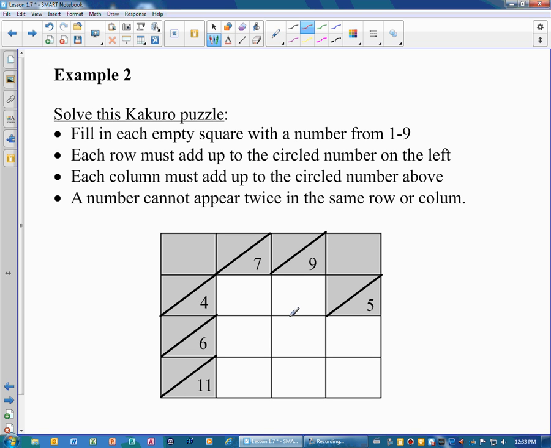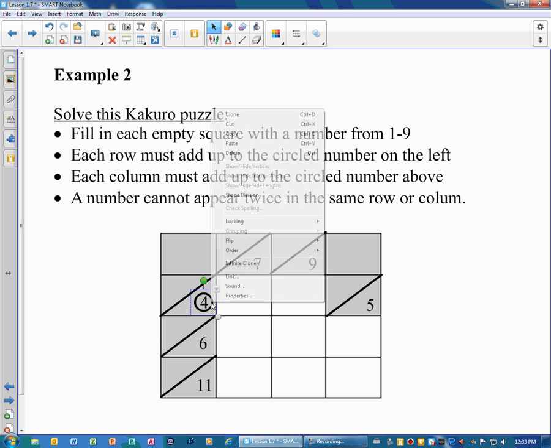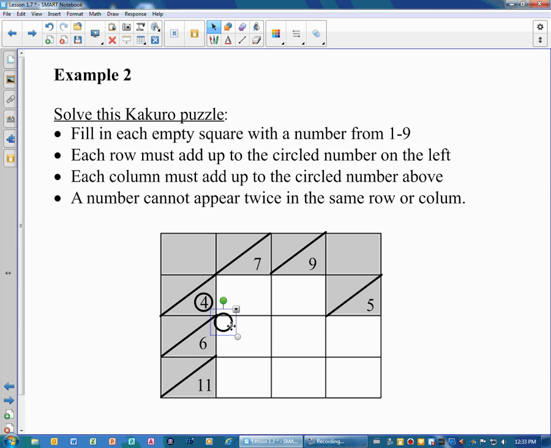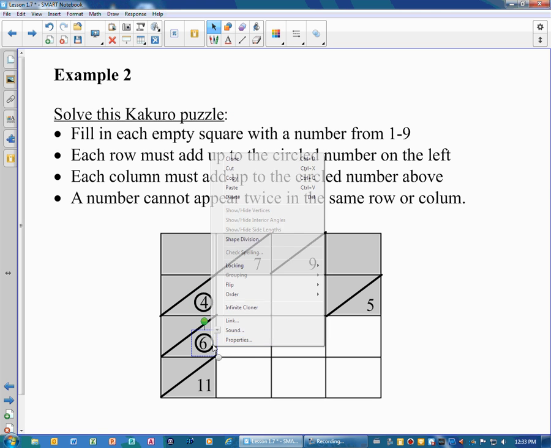So look on your paper. I made this puzzle on my computer here. I didn't circle the numbers, but I guess I could. So if I want, I can stick a little circle on, exactly like it is on your puzzle sheet. 6 in a circle.